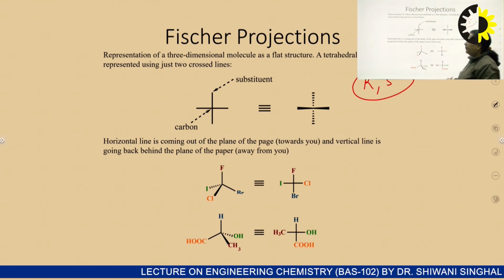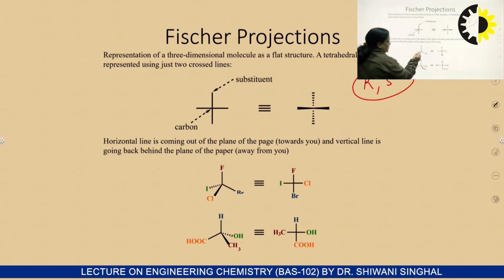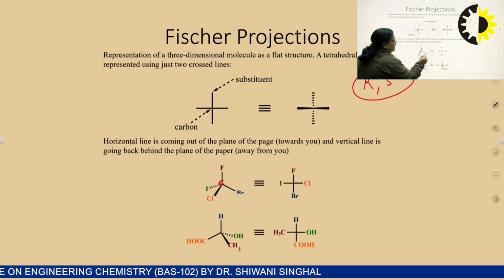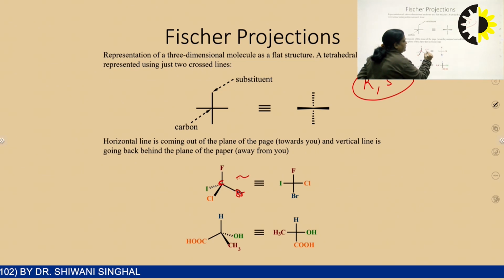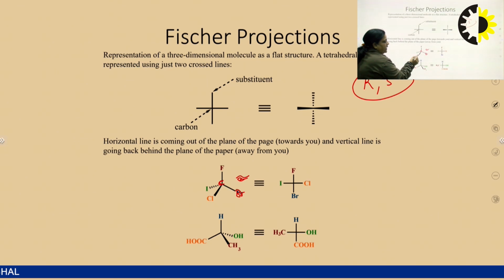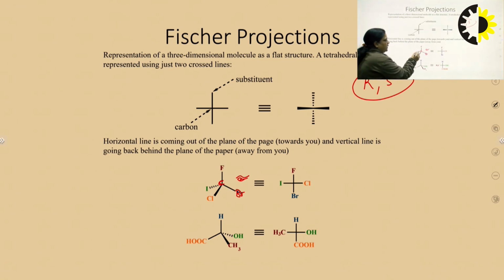For example, this compound, this is C. It is bonded with 4 different groups: fluorine, chlorine, bromine, iodine. In this, the dotted line shows that the viewer is seeing from this side. So a solid line shows in front of the eye and a dotted line shows rear to the eye, the viewer.